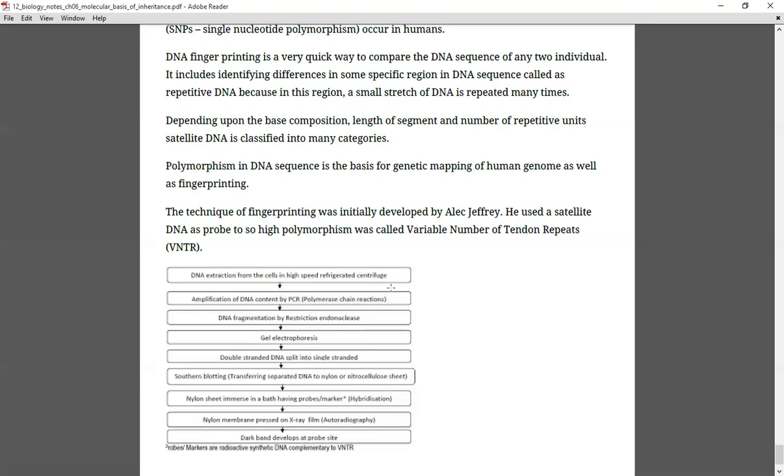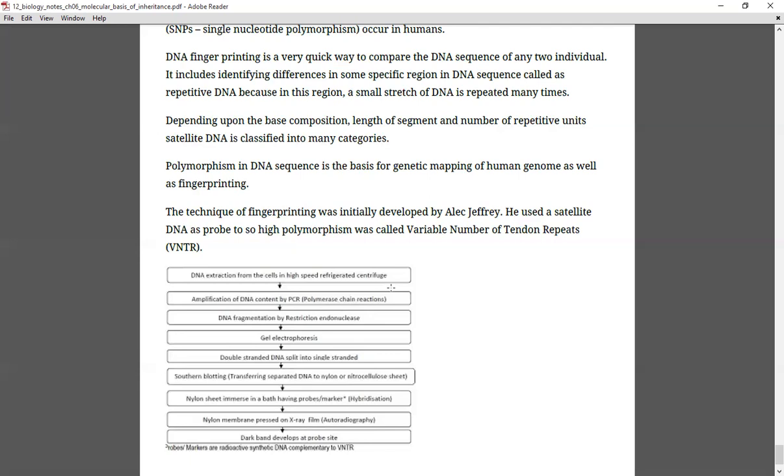For this reason, wherever it binds, the X-ray film shows dark bands rather than light bands. Wherever the dark bands are shown, the probes have bound to the DNA sequence. This is how DNA fingerprinting takes place.